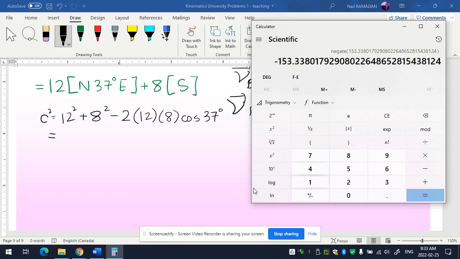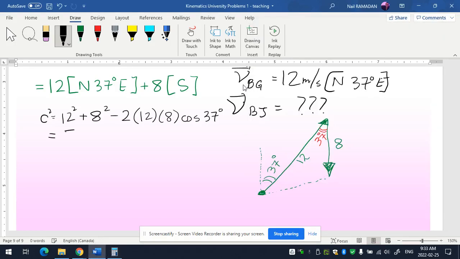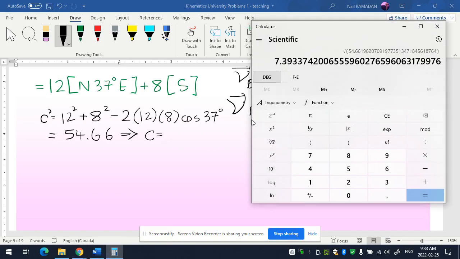Because I made it negative, I'm going to add it to the rest. What's 8 squared? And what's 12 squared? So that is 208. Which means my final answer is square rooting this: 7.39. We're going to go with 7.4.